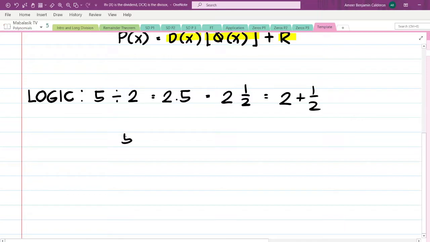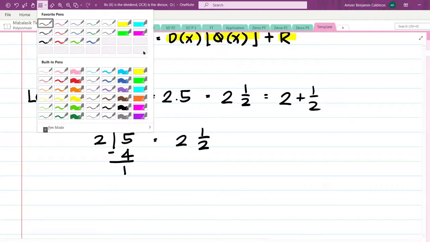So we have here 5 divided by 2. We have here 2, and then we multiply 2 and 2, we get 4. We subtract and we get 1 as our remainder. So if you are going to express, we have 2 and 1/2.